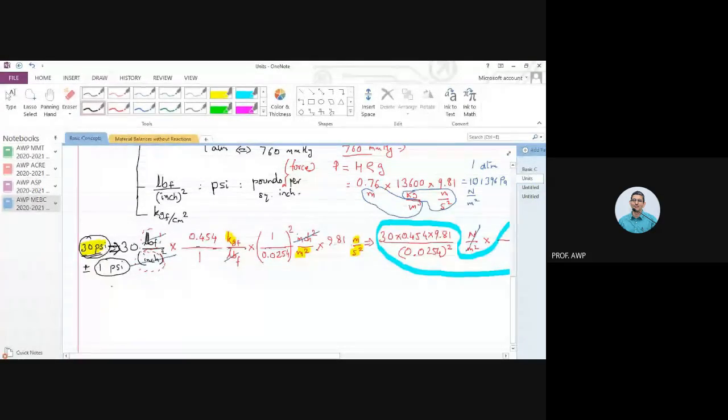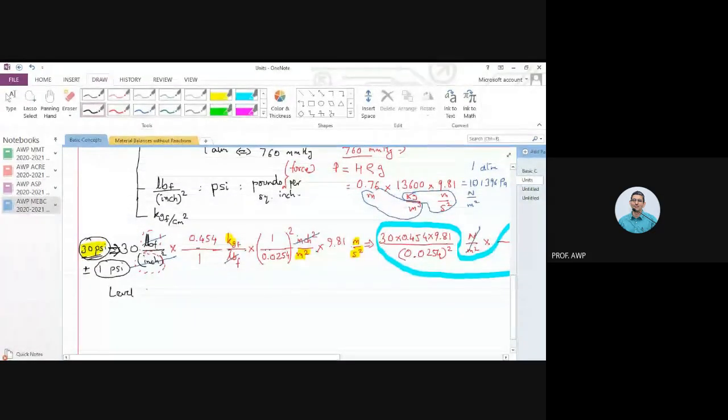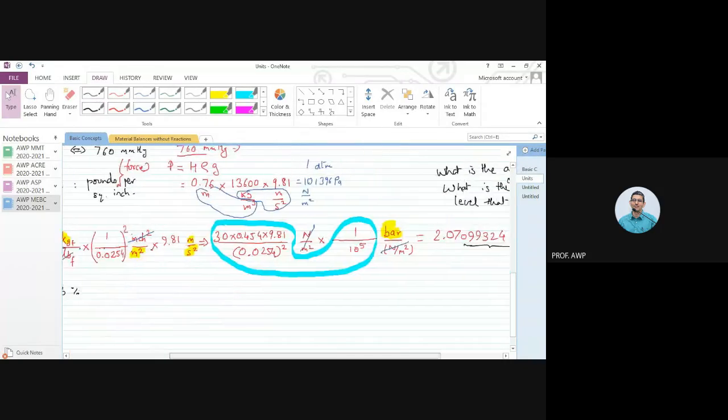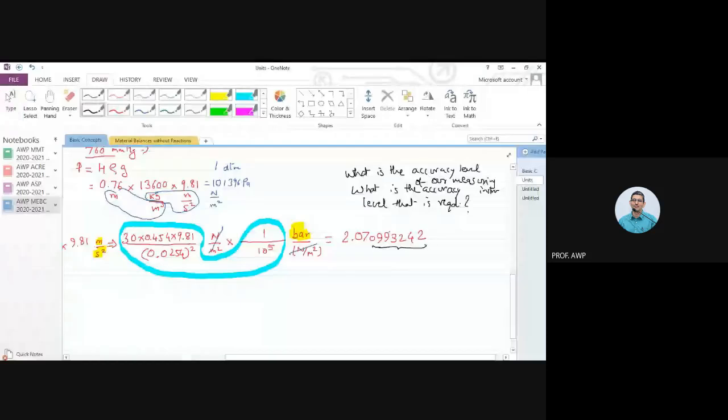That means our level of error is at the most 3%, 3.33 if you like, just let's say 3. So there is no point in giving an answer having an accuracy level better than plus or minus 3%.